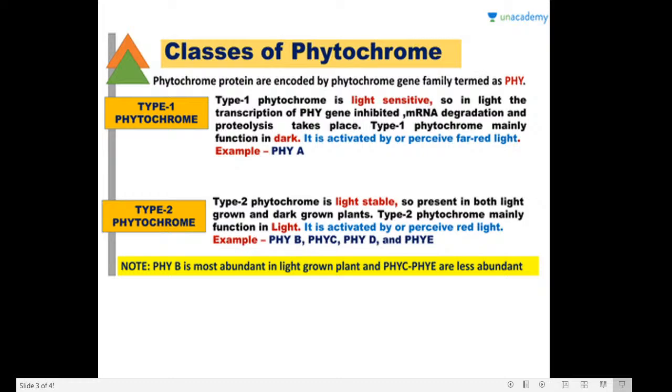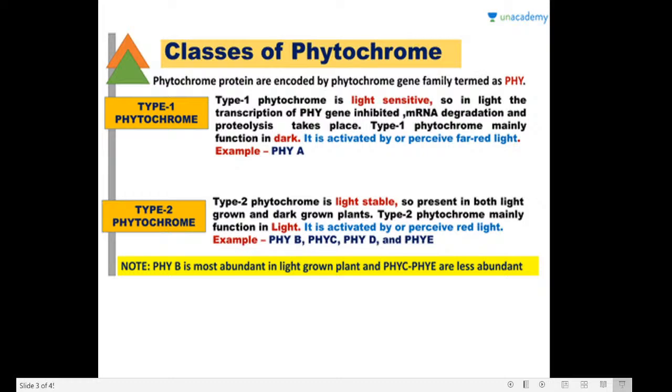Type 1 phytochrome is light sensitive, activated in dark condition, activated by far red light, and an example is phytochrome A. Then type 2 is light stable, its function is in the light condition, that is daytime, and it is activated by red light. For example phytochrome B, C, D, E.